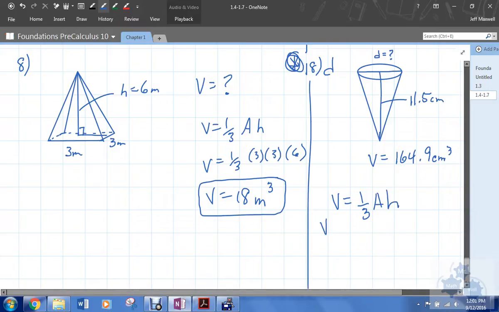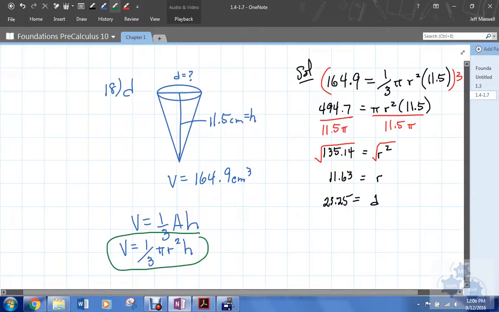And in this particular case, where it's a cone, it's 1/3 pi times r squared times h. So take a minute and see if you can put the proper values in where they're supposed to go, and see if you can find out what d is. Go ahead.